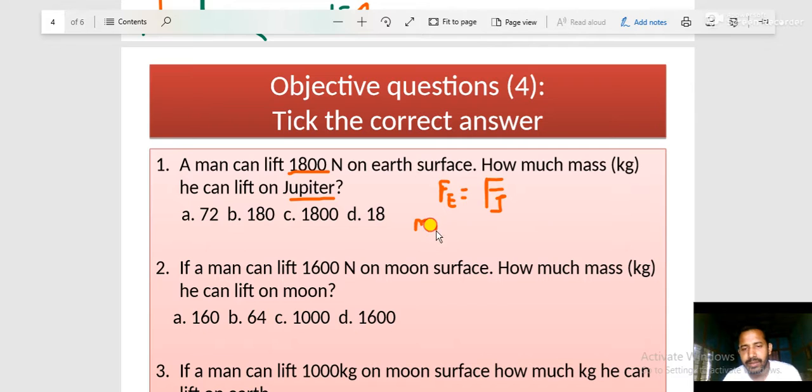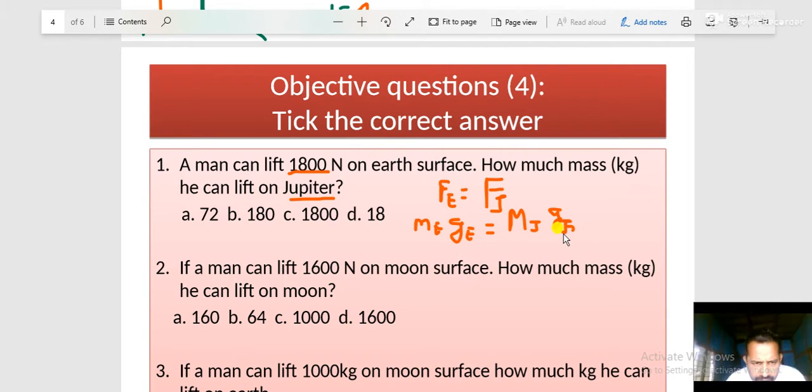M of earth, I'm writing E for earth, and g of earth equals to M on Jupiter, since we are doing this case on Jupiter, and g at Jupiter. Sorry, I am writing g over here for Jupiter.